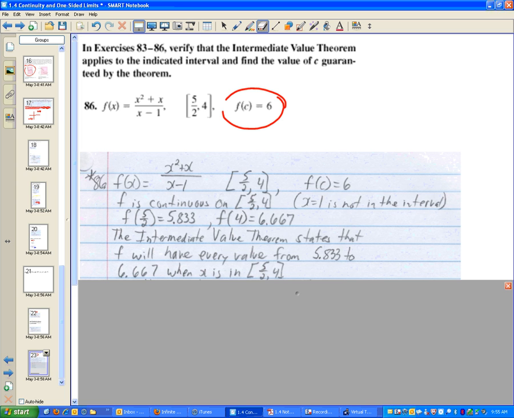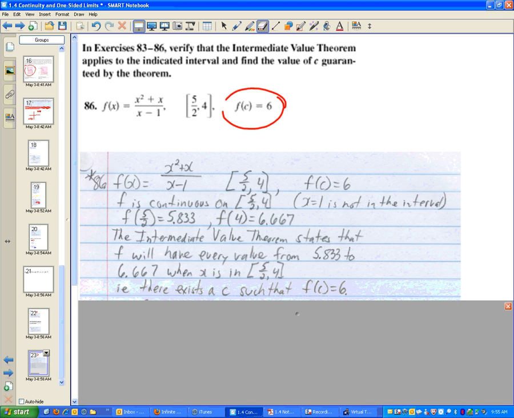Better yet, there exists a C. The intermediate value theorem says there exists a C, and I could have even said a C in the interval between 5/2 and 4. I probably should have said a C in the interval from 5/2 to 4, such that f of C equals 6.